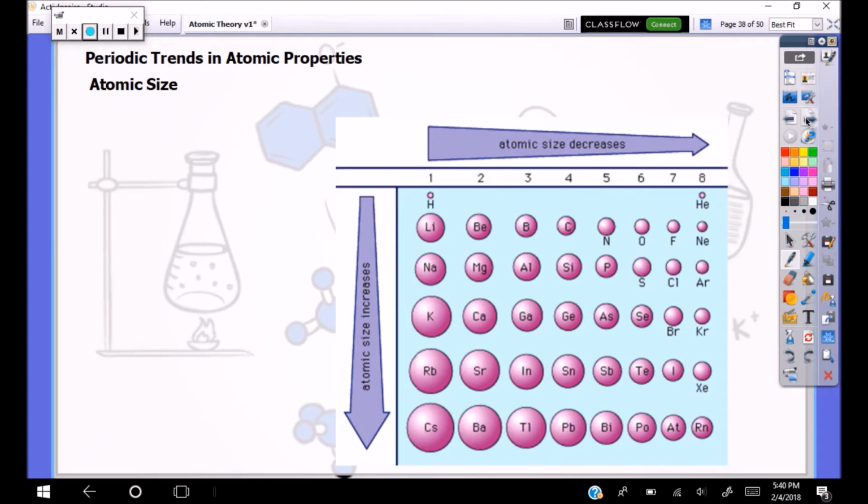So atomic size. When we talk atomic size, there are a couple things we need to look at when we're going down a group. We're looking at an increase in distance, and that is going to lead to a decrease in attraction because we have more energy levels, right?